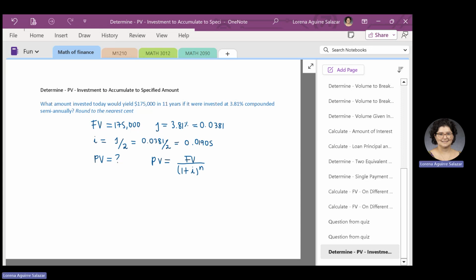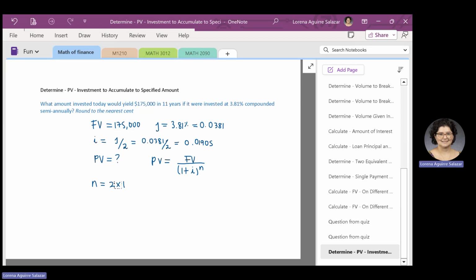In this case, the term is 11 years, and interest is compounded semi-annually, so n is the compounding frequency, 2, multiplied by the time in years. We have 22 compounding periods during 11 years.